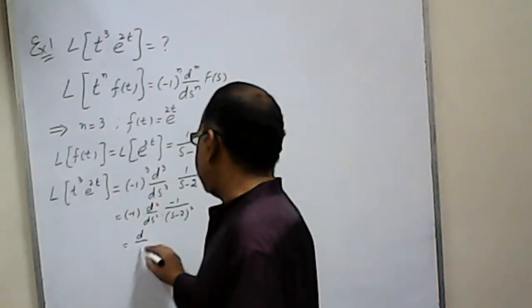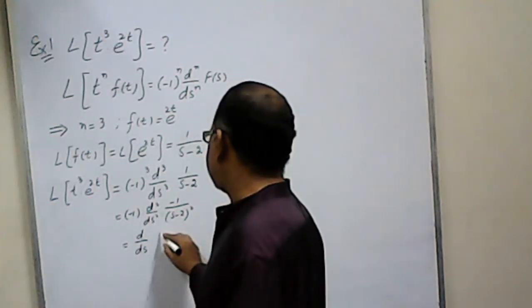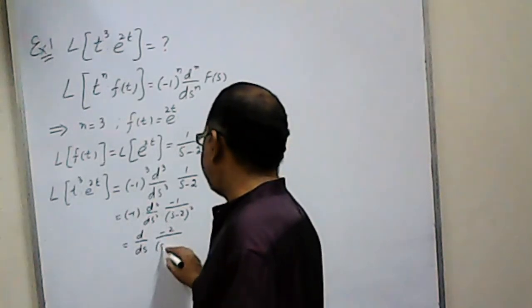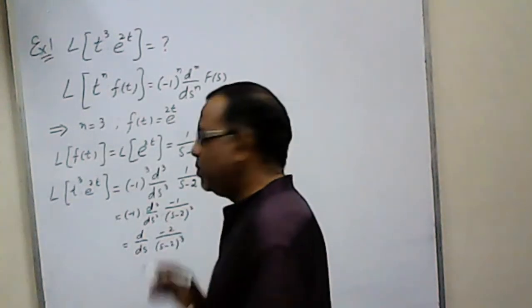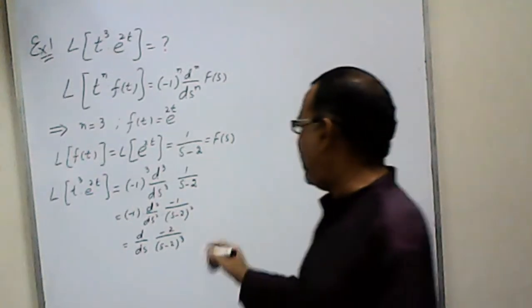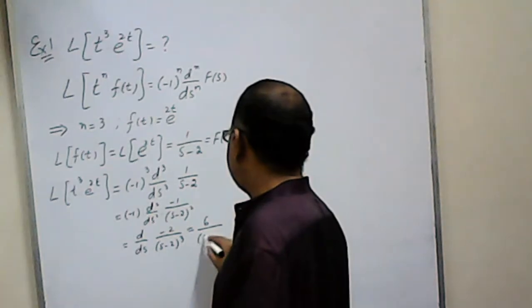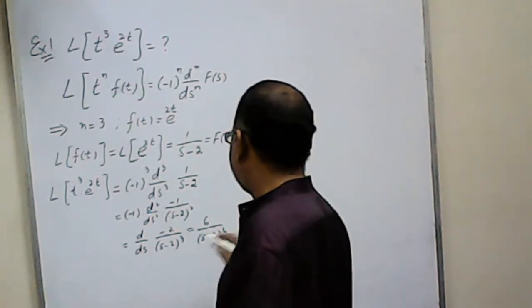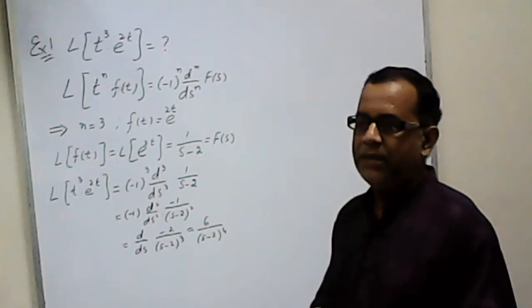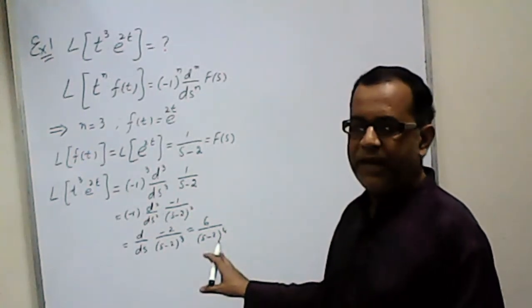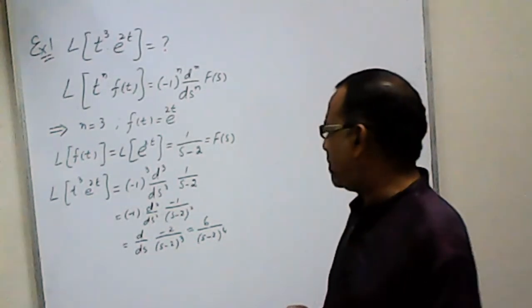So the second derivative of 1 upon s minus 2 is minus 2 upon s minus 2 cube. And finally the last derivative will be equal to 6 over s minus 2 power 4. This is the final response of this question.